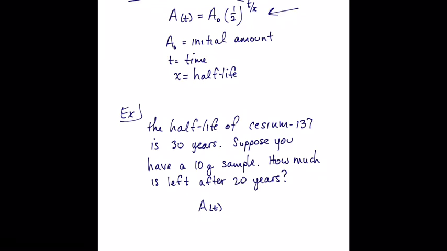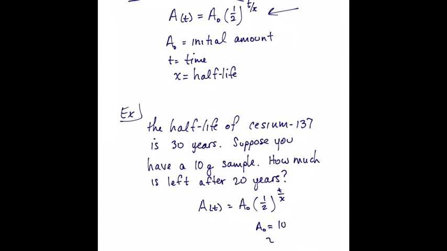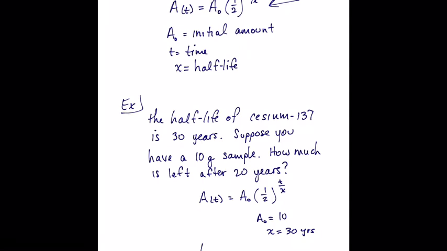The amount at any time t is equal to the initial amount times 1/2 to the t over x, where the initial amount is 10 grams and the half-life is 30 years. So then the model is A of t equals 10 times 1/2 to the t over 30.